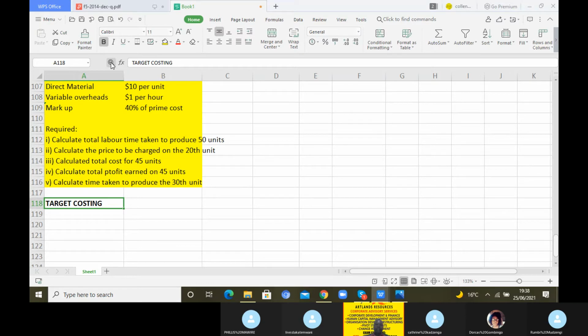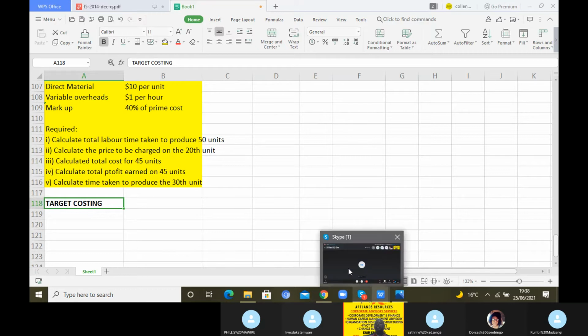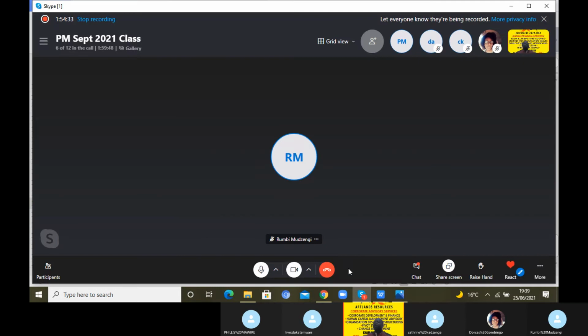I had written target costing in small caps, and I had to cancel and retype again. Also notice the notes that I gave you, I typed them myself, in excess of 200 pages, during all these COVID lockdowns.